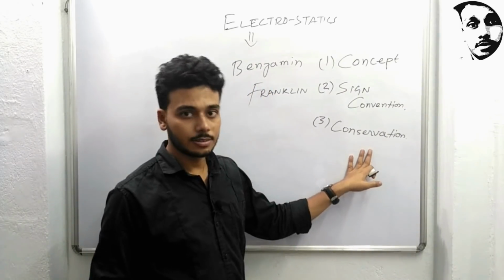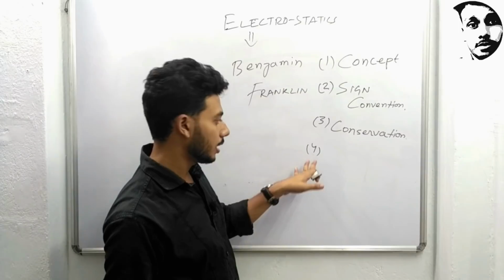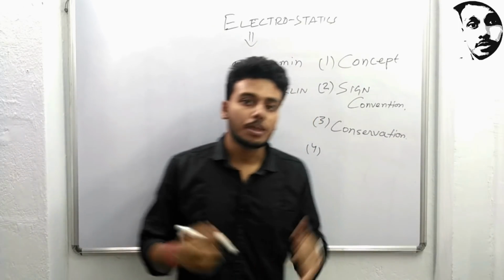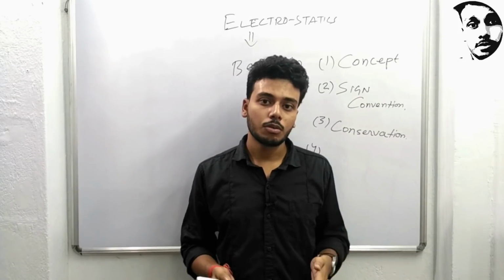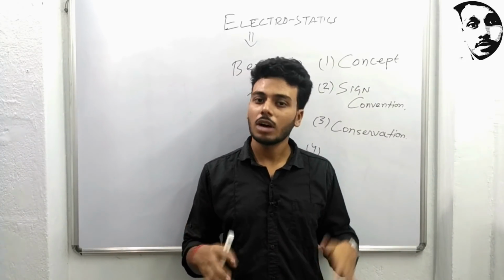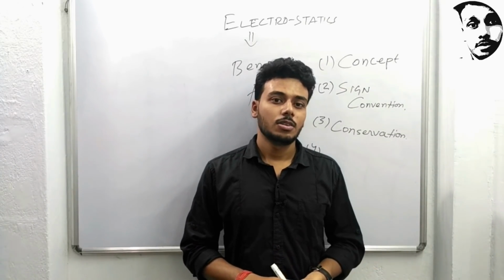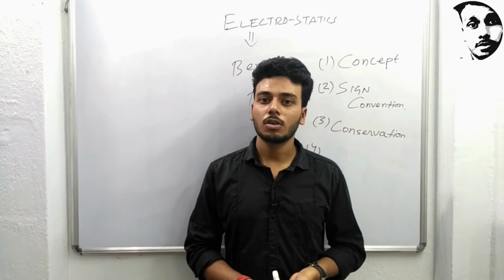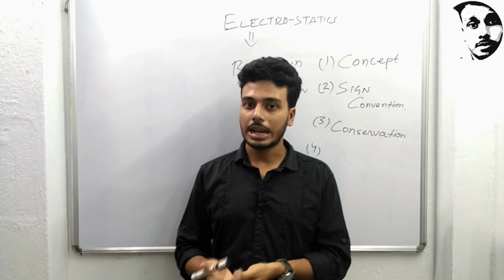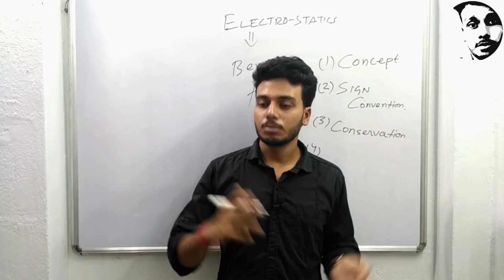The fourth point, he gave us a great observation: if you rub a substance more and more, then the amount of fluid will increase or decrease more and more. So the attraction and repulsion force will also increase. The attraction and repulsion force is directly proportional to the amount of fluid in them.